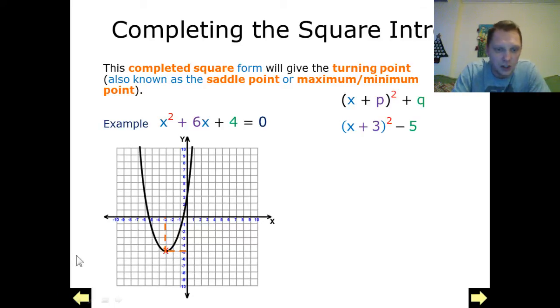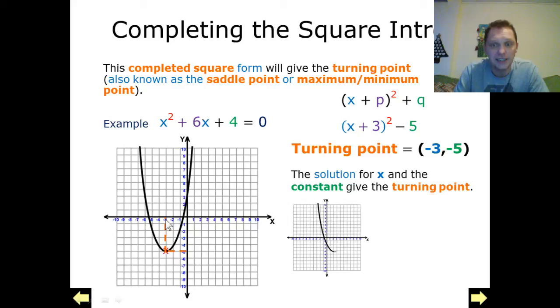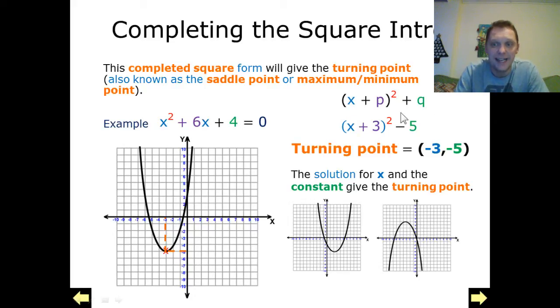Now, if we took a look at it, it's actually at minus 3, minus 5. In which case, if we looked at our formula here, minus 5, that's our y-axis, and minus 3 would be the solution to our x here, because minus 3 plus 3 will give us 0 inside our bracket, which of course would create our turning point just here.